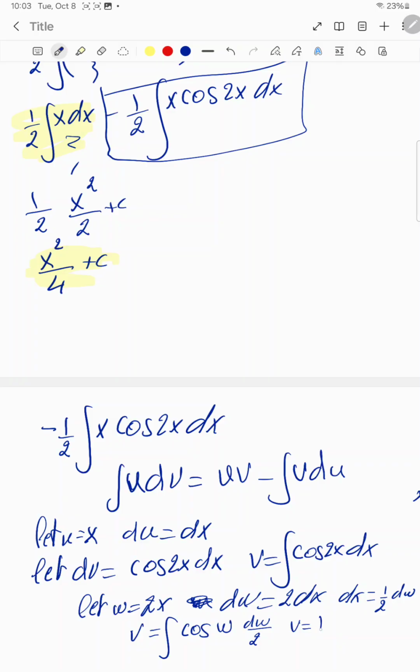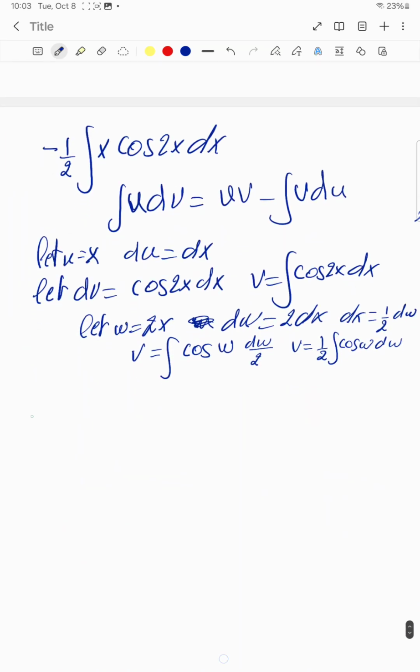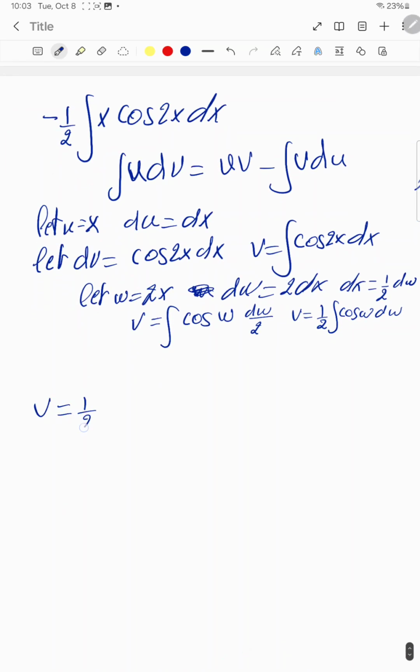So my v is equal to 1/2 integral of cosine w dw, and we know that the integral of cosine is sine. So my v becomes 1/2 sine, and instead of w, because my w is equal to 2x, right away we save one step, sine 2x.